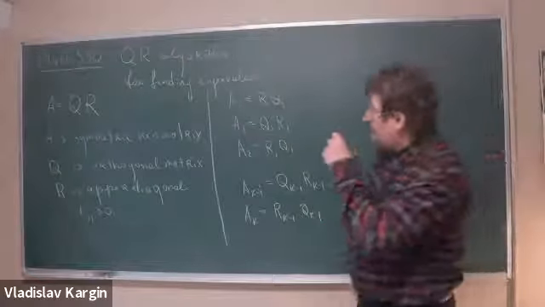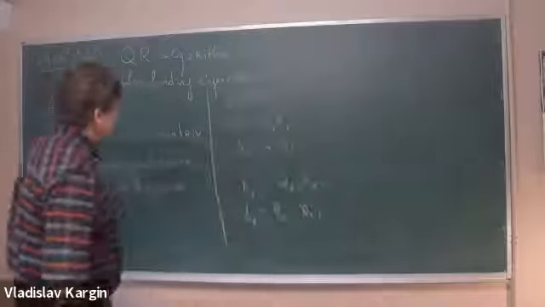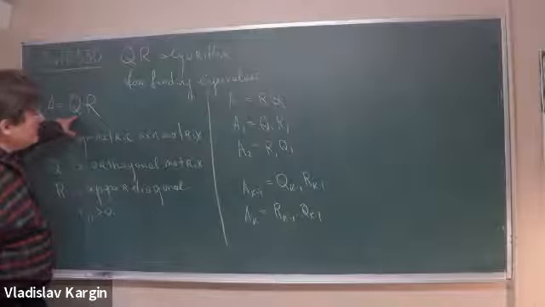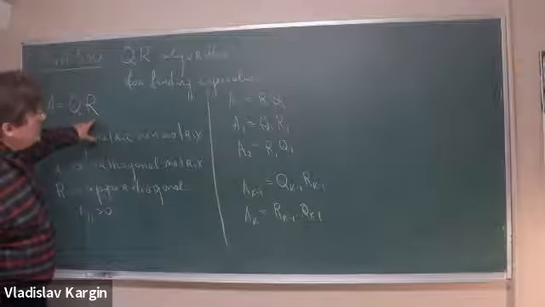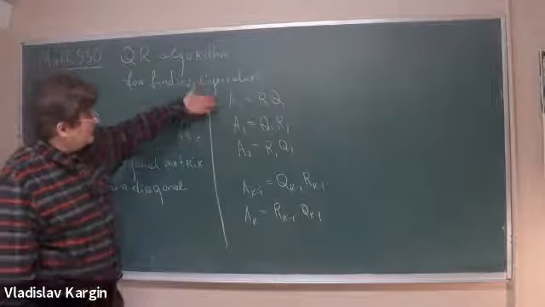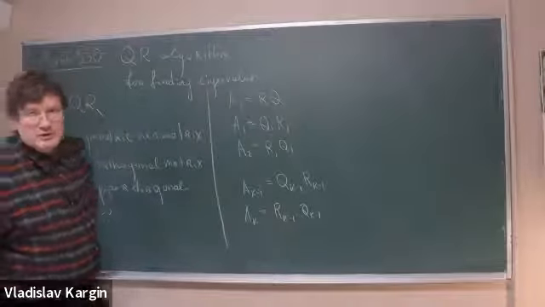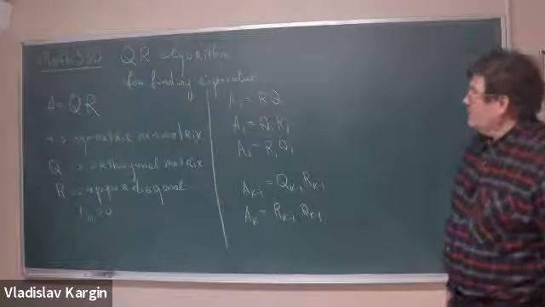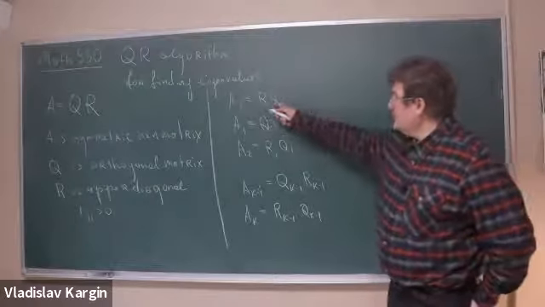So in this case the index would be 0, right? So this is Q0 R0, where A is just the matrix with index 0. So this would be R0 Q0.